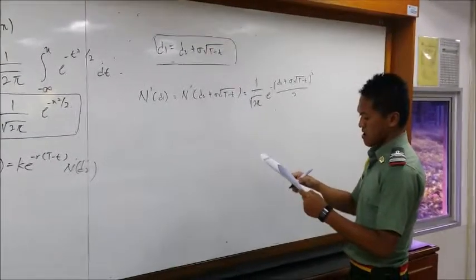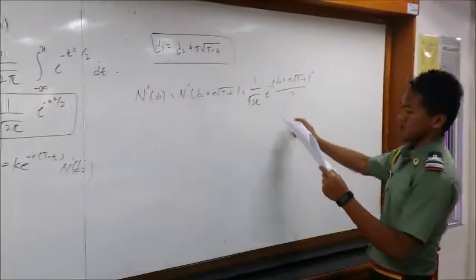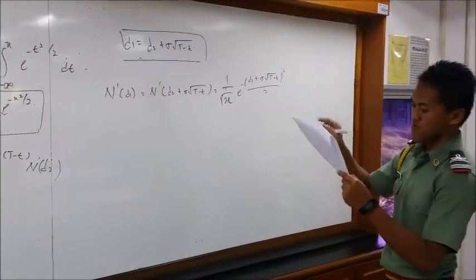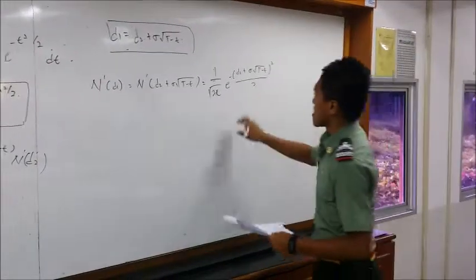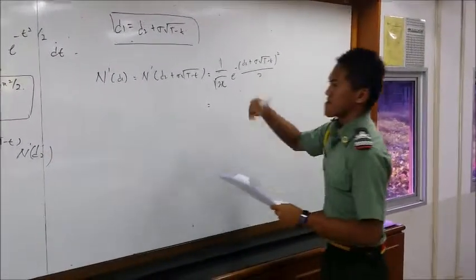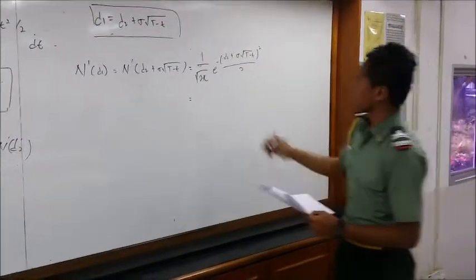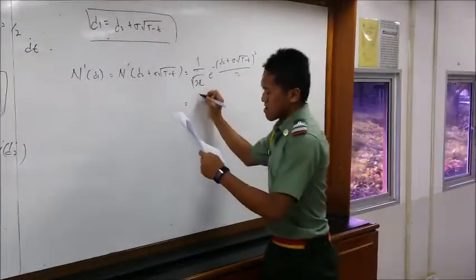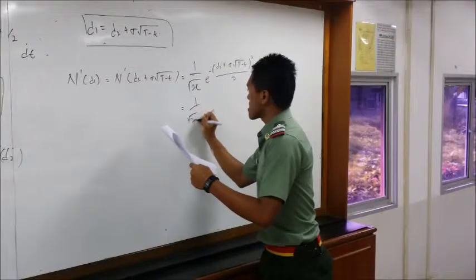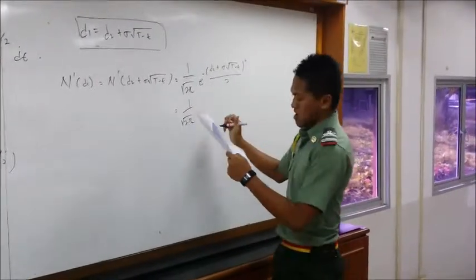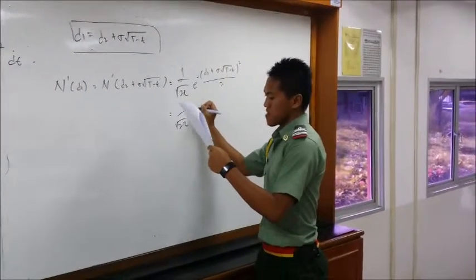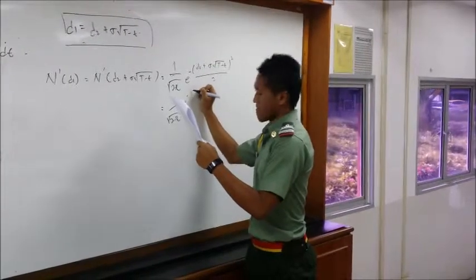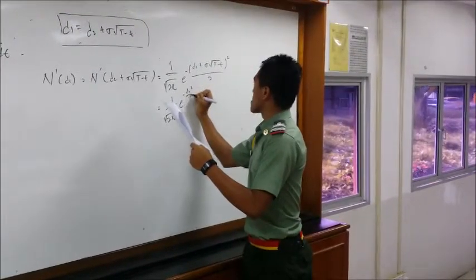We solve this step by step. We separate this e to make the steps easier. 1 over square root 2 pi, let it be times e to the power of negative d2 squared over 2.